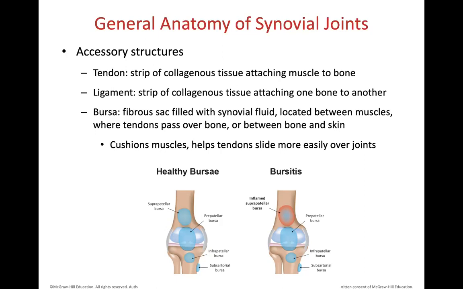They're not helping smooth that passage of the tendon over the bone or the skin over the bone, so it can be pretty painful. That's where the term bursitis comes from. Basically an aggravated bursa is bursitis. Okay, so those are the three accessory structures that I want you to be familiar with in a synovial joint.